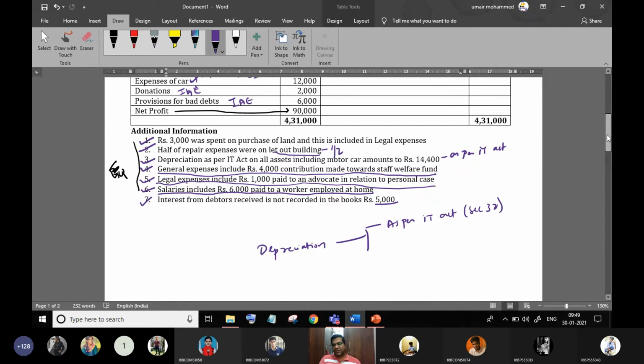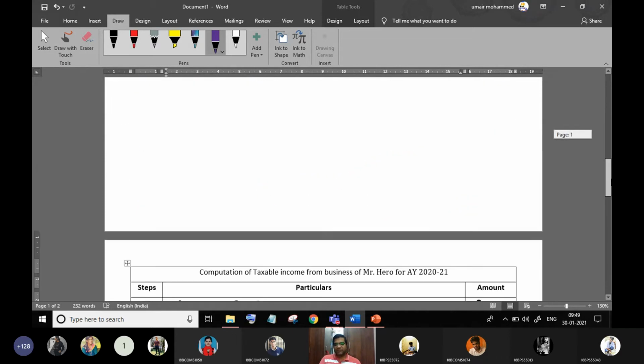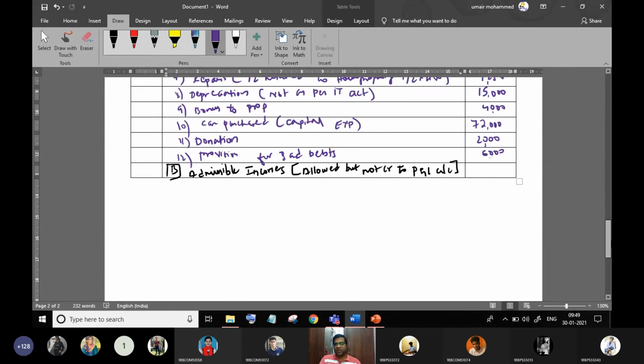First of all, is interest received from debtors a business income or not? What is your opinion? I told you the definition of business income. Business income is an income which is in the form of sales or activities related to sales. I have given goods to my customer, and in the credit invoice it is clearly mentioned that if you do not repay the amount as per the due date, I will charge you interest.